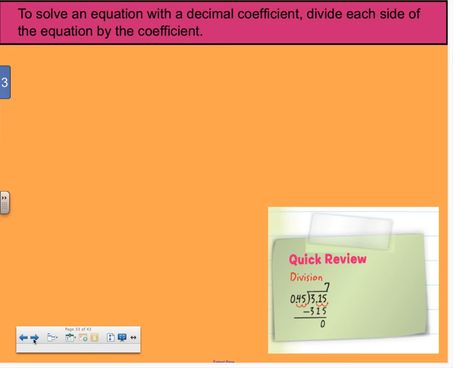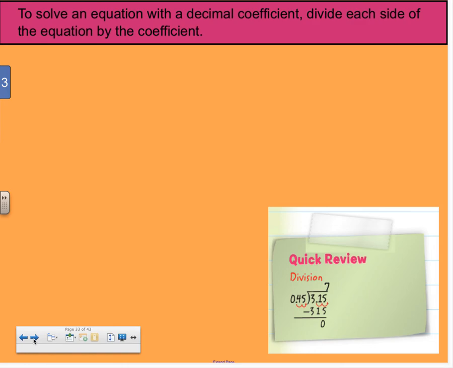What's the difference with example 3? What's a decimal? Say it again. Yeah, what's that number called? The number in front of the variable is called a what? All right, so the mathematical way to say that, Robert, is the coefficient is a decimal.